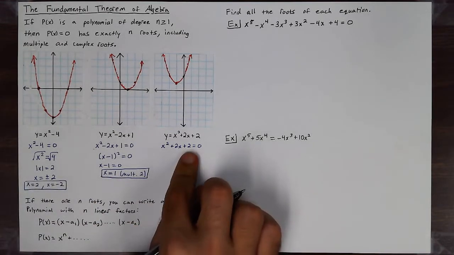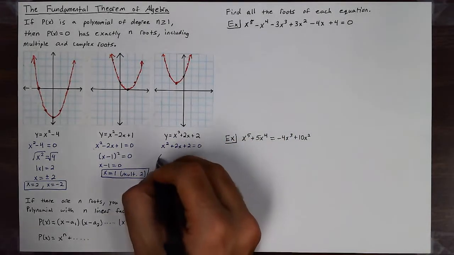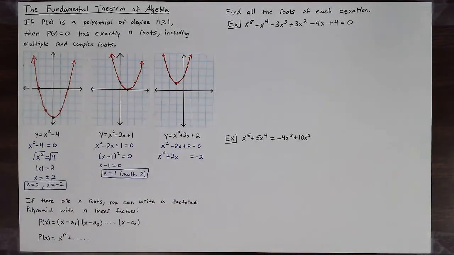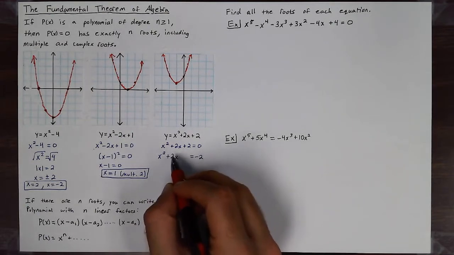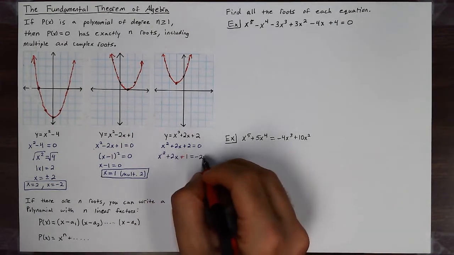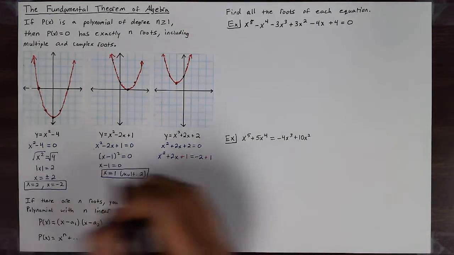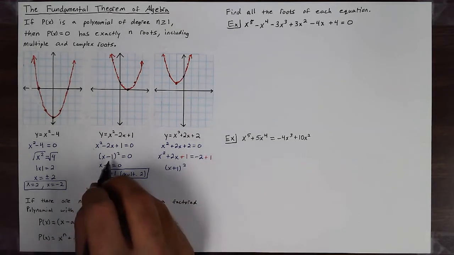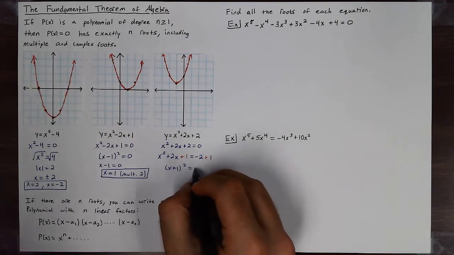And lastly, this one doesn't cross it at all, but if I try to solve it, I can use completing the square. So x squared plus 2x equals negative 2. I can add a number to each side to make it a perfect square trinomial on the left, which is 1. That's half of 2, squared. And I end up getting a perfect square trinomial, which will be x plus 1 squared, equal to negative 1.